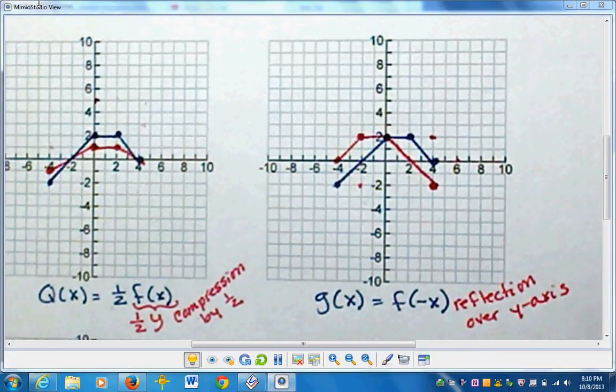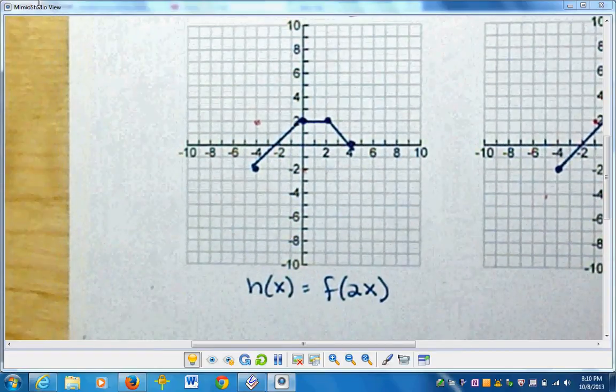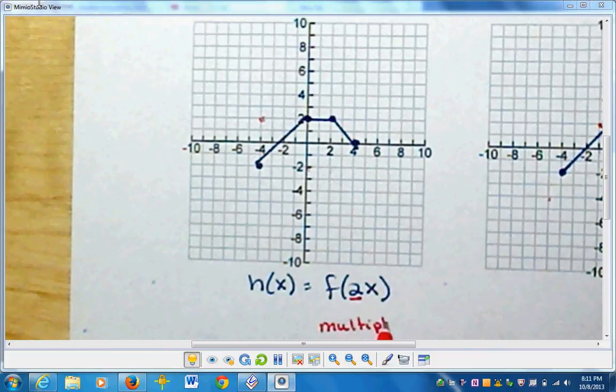Okay, so this one here I think is the most complicated of them all. It's not intuitive at all. We have this 2 on the inside, which means that we're going to take our x value and multiply our x value by 1/2.